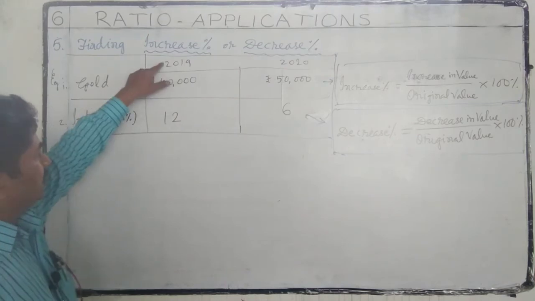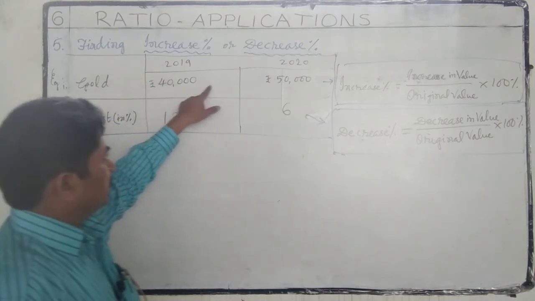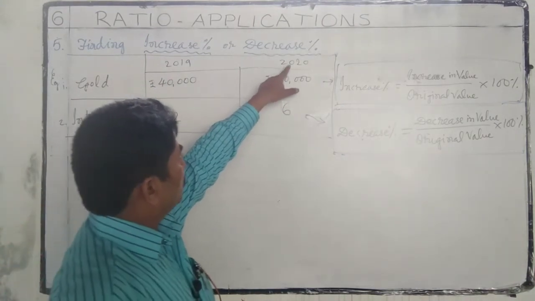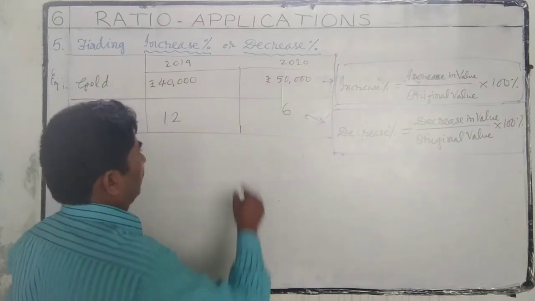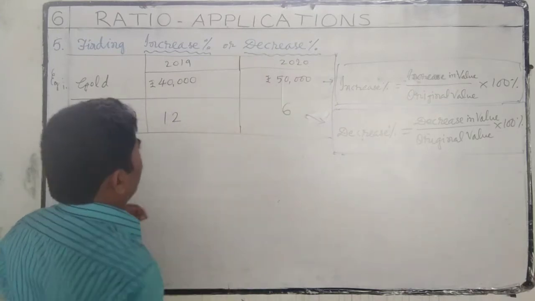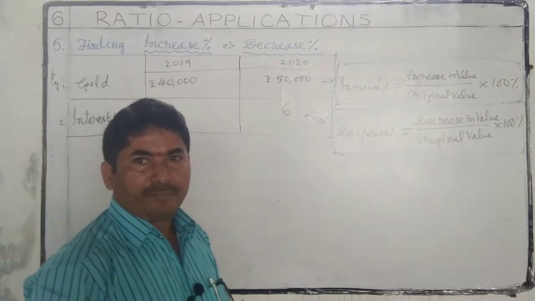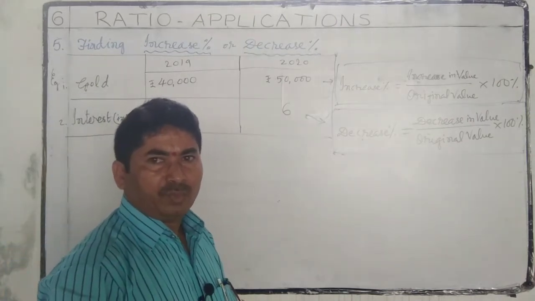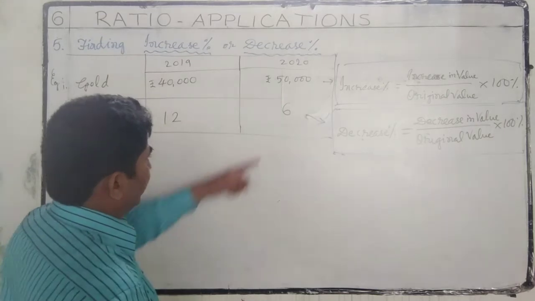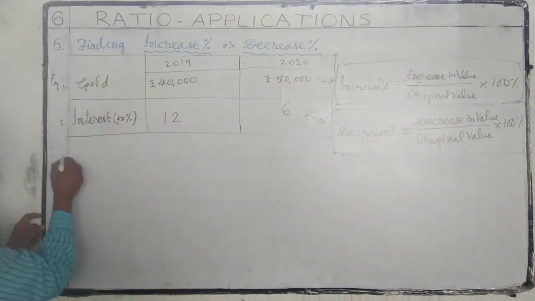Gold last year 2019, 40,000. This year 2020, 50,000. Here the cost of gold increased. So what is the increase percent? We can calculate.